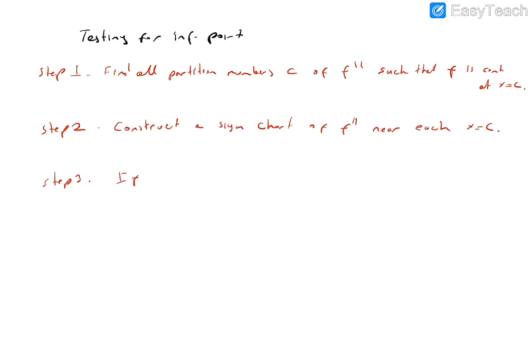If the sign of f double prime changes at this point C, okay, then C comma f of C is an inflection point of f, not of f double prime, inflection point of f, okay? If the sign chart does not change sign at C, then there is no inflection point at x equals C.